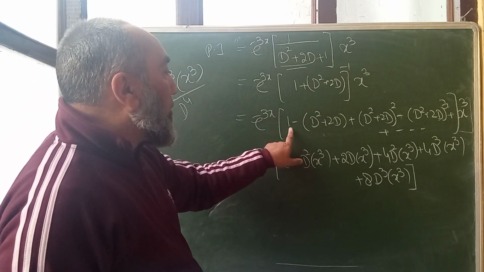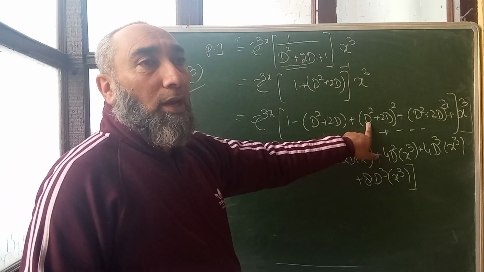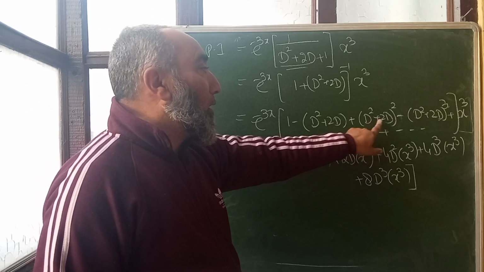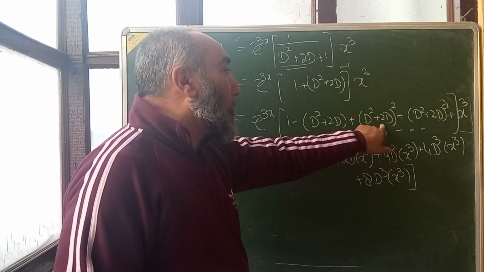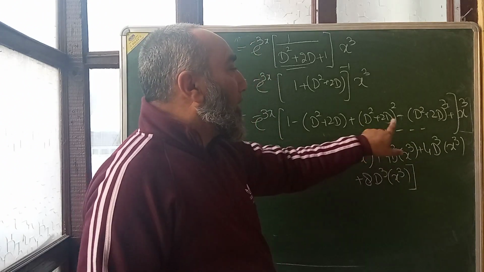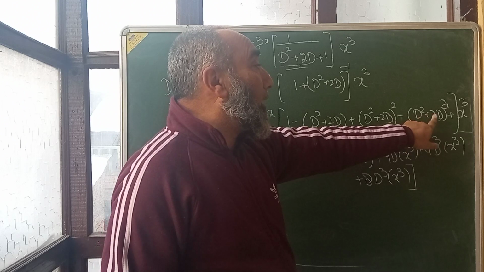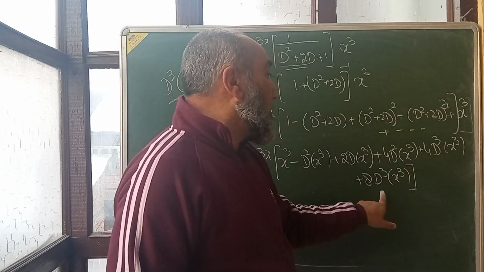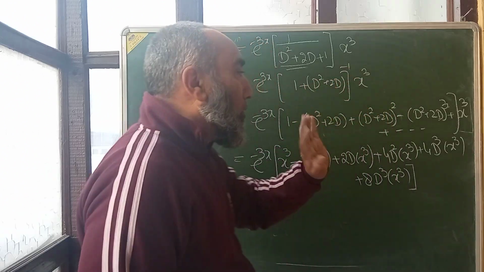That is why I have taken only this term, this term, this term, not the square of this term, because it will be d4. Then its square, and then the product of these two is d cube. I have taken that. d square whole cube is d6. I cannot take that. Then 2d whole cube is a d cube, and the rest will be higher powers of d. We will omit that.